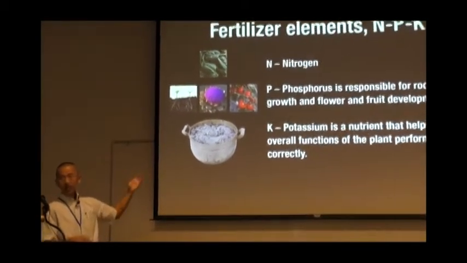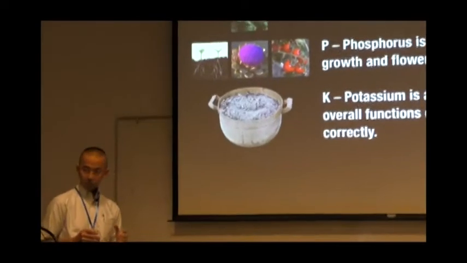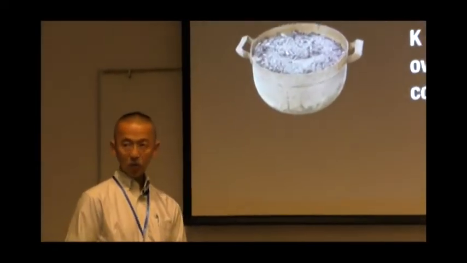The last element is an overall element that encourages plant growth. So you need to have a balanced mixture of the three. If you have too much nitrogen, then your leaves will grow like mad, but you may not get enough fruit, or root may not be healthy.